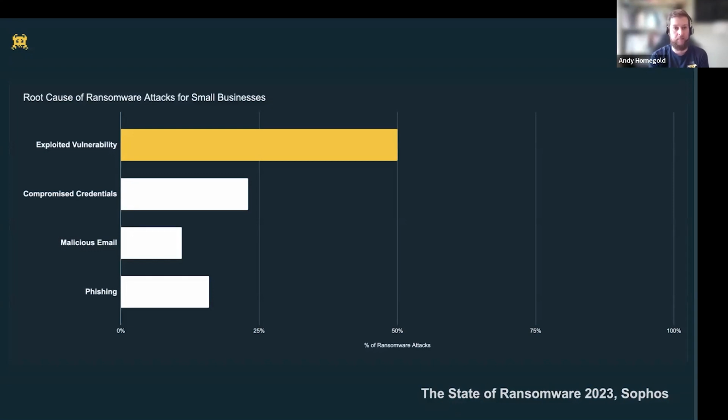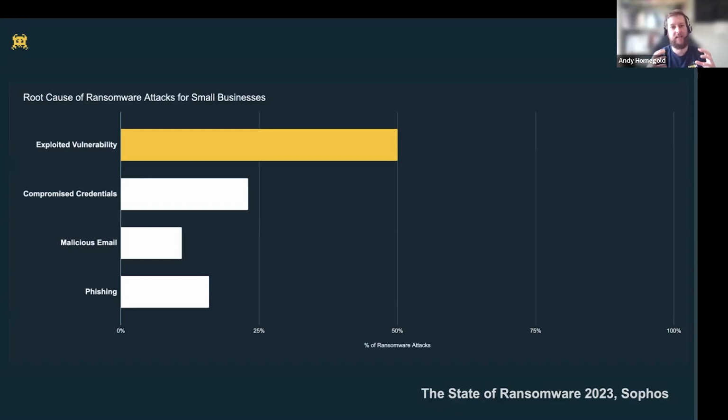Citrix is a remote desktop application allowing you to log into those environments, and FortiGate is a VPN and concentrator to allow people to connect into those environments. Seeing that kind of exploitation, ransomware does start to exploit those vulnerabilities to gain access to organizations. And this is where external attack surface management sits.